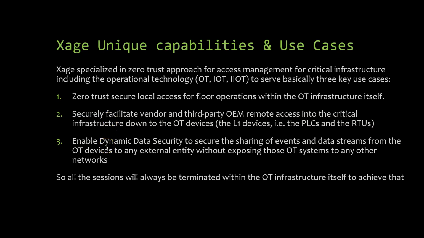The third use case is enabling dynamic data security to secure the sharing of events and data streams from the OT devices to any external entity without exposing those OT systems to any other network.